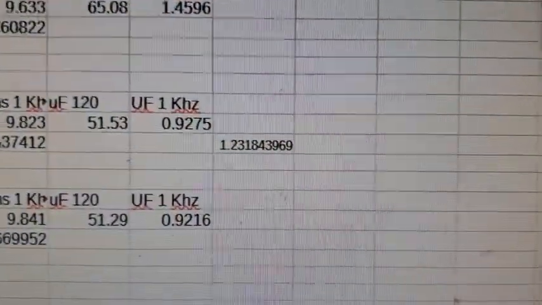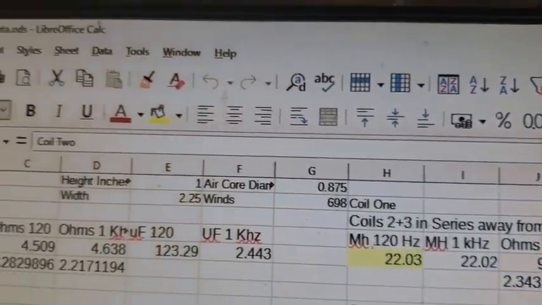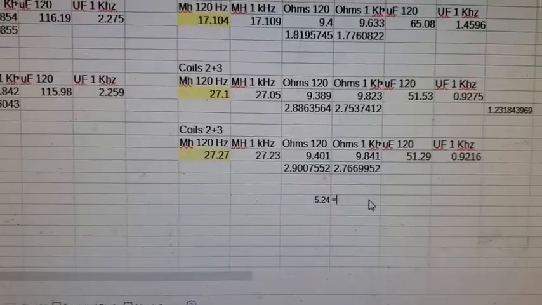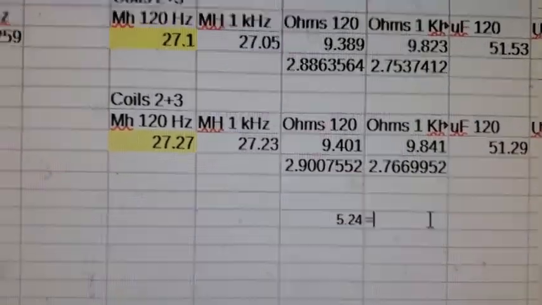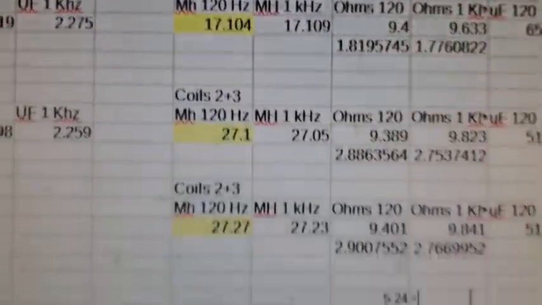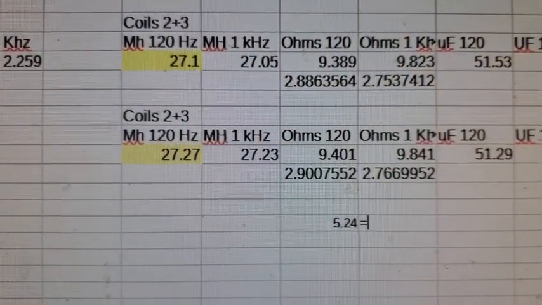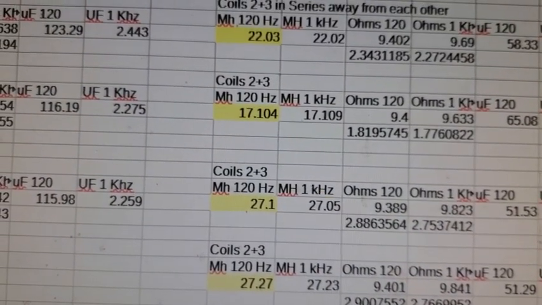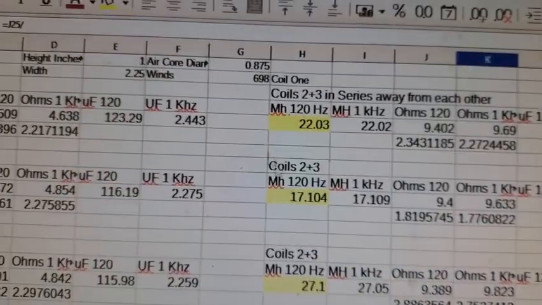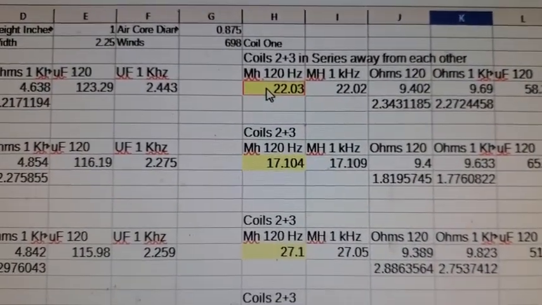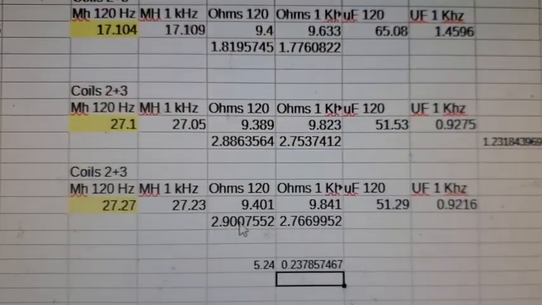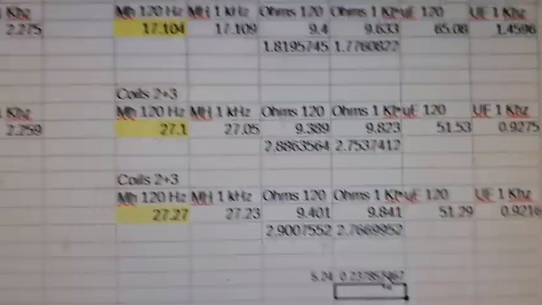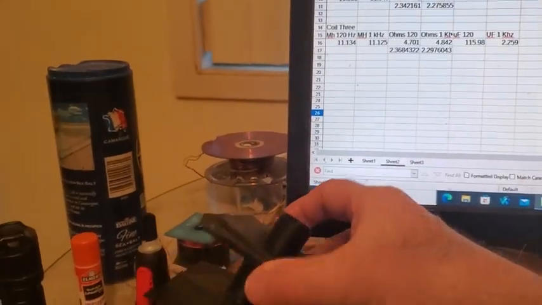So let's do it, a 5.24 difference in millihenries between the two. Give me a second, equals this divided by the 22.03. Okay, that's what I just did there. Anyways, there's a 23% improvement with these two coils.